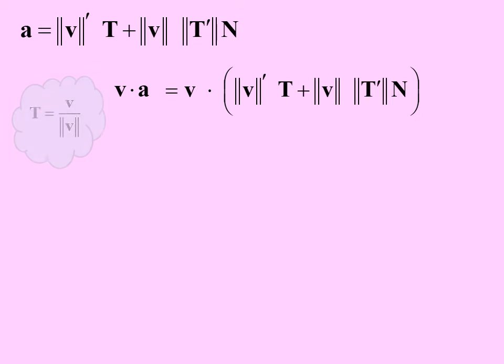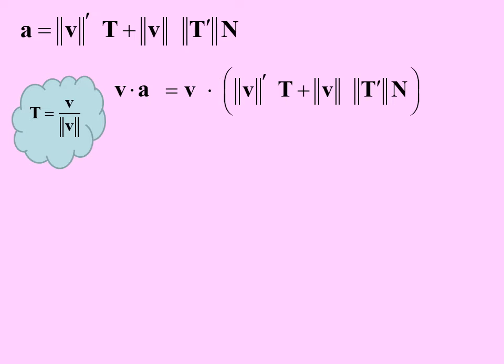In this formula, we've got this quantity here, the derivative of the magnitude of v. That is not a nice thing to deal with. Let's do a little work on that. So we're going to do the dot product of v and a, and remember that the definition of the unit tangent vector is v divided by the magnitude of v.